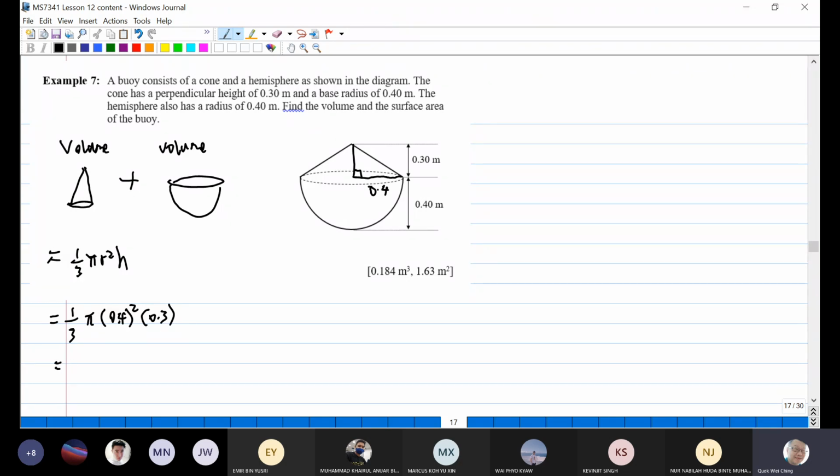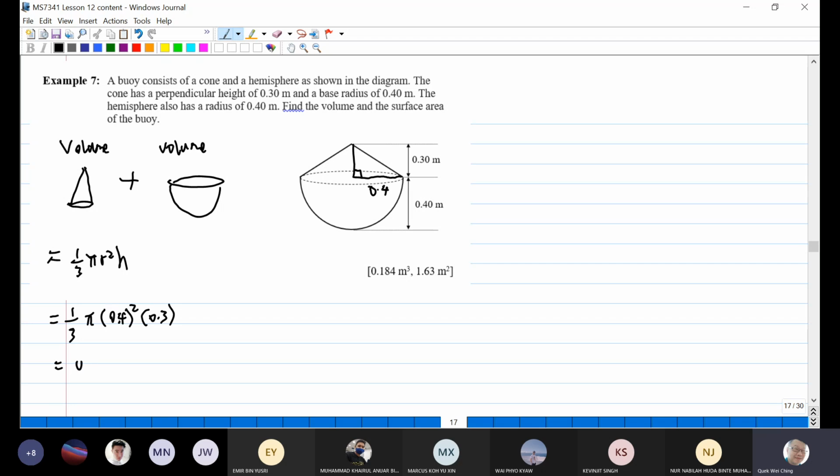Okay, press the calculator first. 1/3 times pi times r squared, 0.4 squared, times height 0.3.